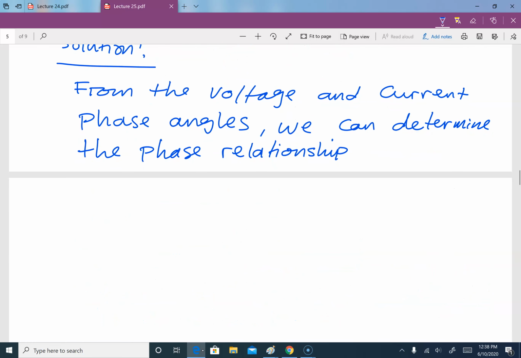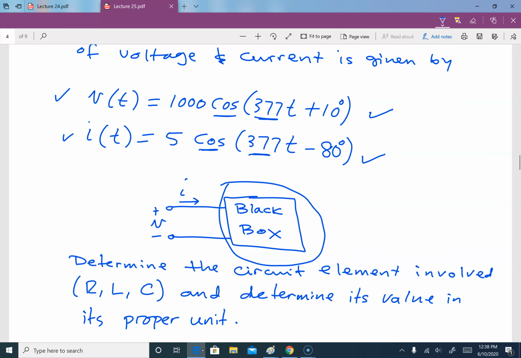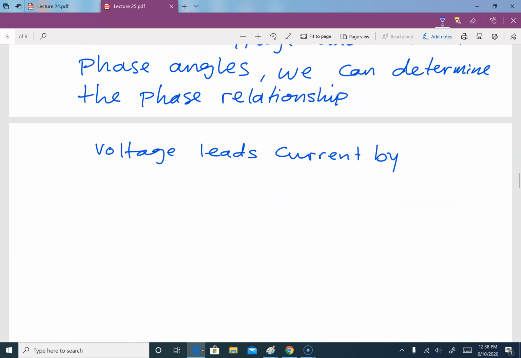So we can say voltage leads current by 10 minus negative 80, and that is equal to 90 degrees.